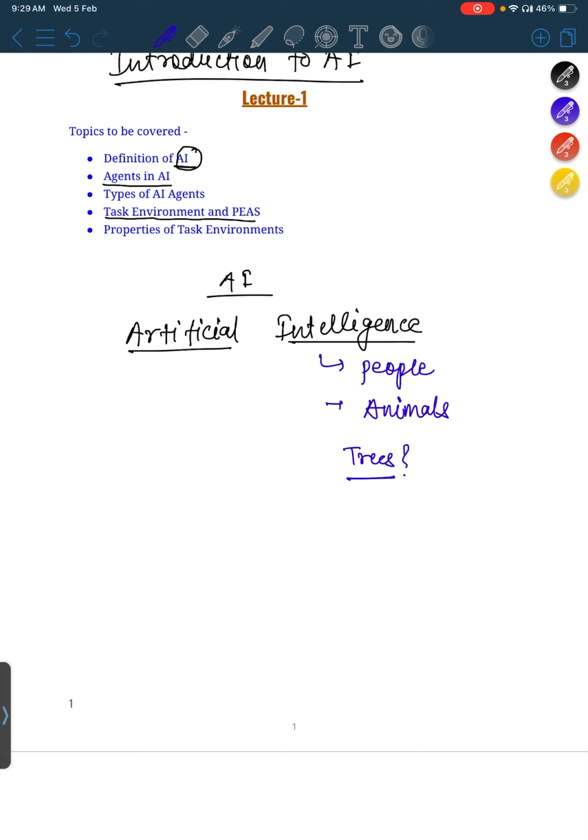But in general, we can define intelligence simply as the ability to think or reason about something.